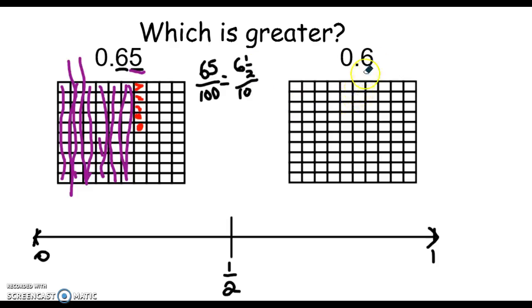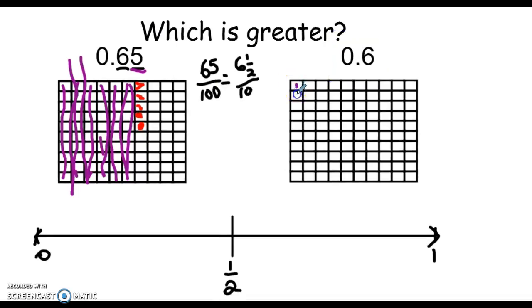For this decimal, when we say our decimal, we're saying that this is 6 tenths. 6 tenths can be shown in our grid by simply shading in 6 columns.